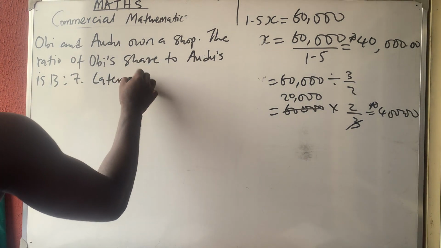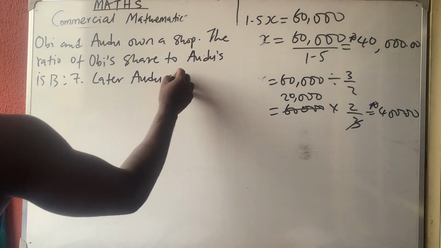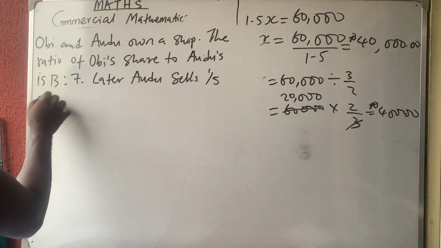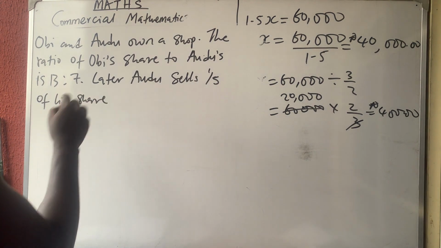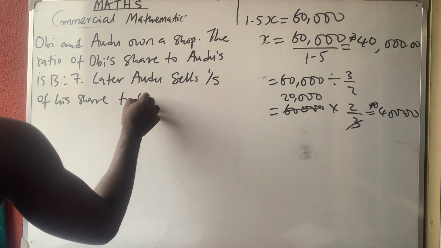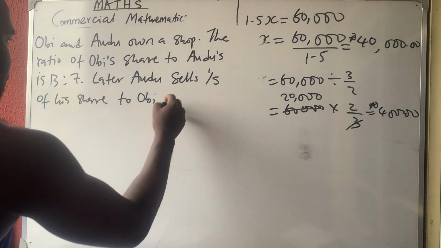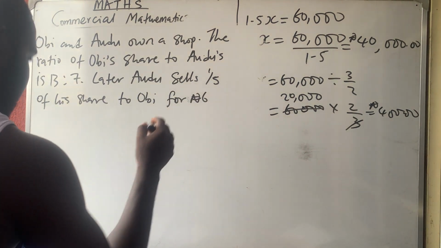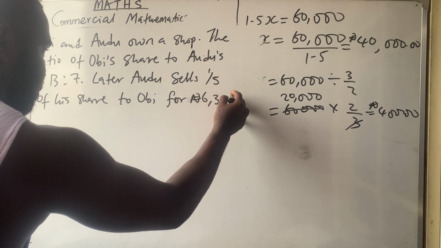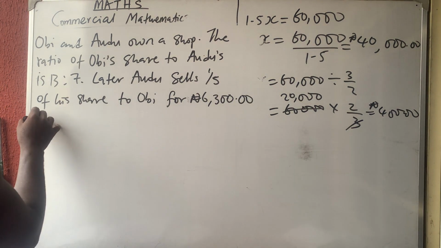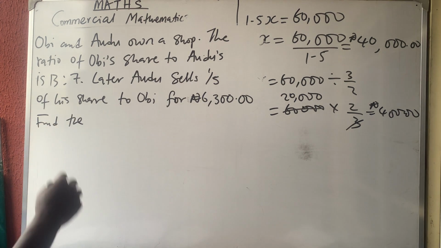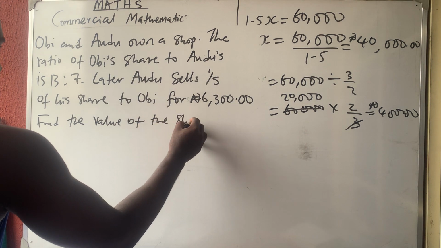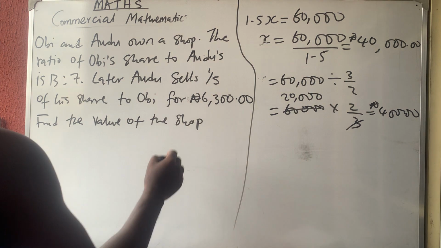Later, Audu sells 1/5 of his share to Obi for 6,300 naira. Then I say, find the value of the shop. Find the value of the shop.